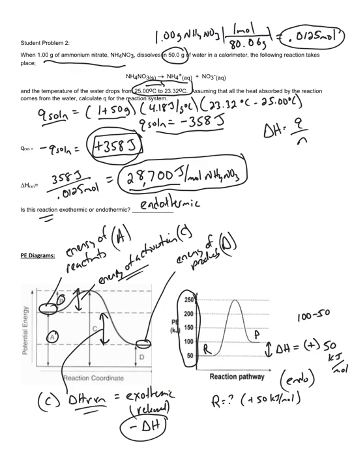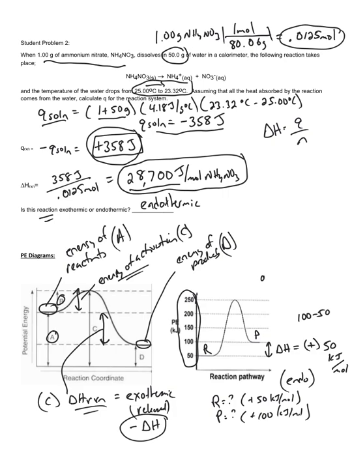Per mole of reactant R, there are 50 kilojoules of energy. P, what is the energy content of the products? 100 kilojoules per mole. The products have a total energy of 100 kilojoules per mole. The difference in those will always be the enthalpy of the reaction.